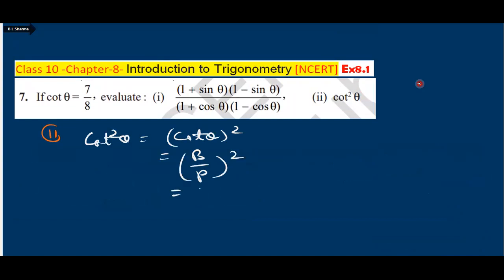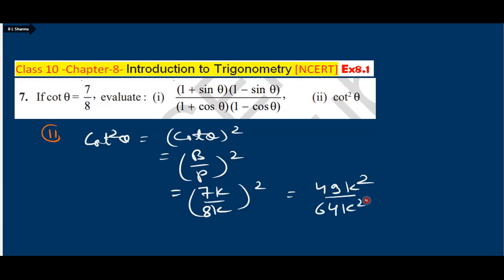So base upon perpendicular is 7k upon 8k whole square. That is 49k square upon 64k square, k square cancel.